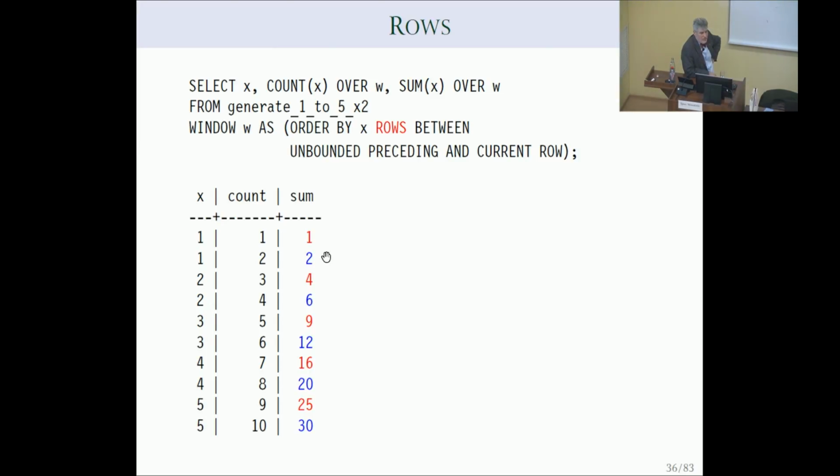When I'm in rows mode, current row is literally the current row. So row 1 only sees row 1, row 2 only sees row 2, row 3 sees only row 3. And that's why you have these numbers that increasingly count instead of them jumping by 2s. Okay? And the sum is exactly what we'd expect as we add up.